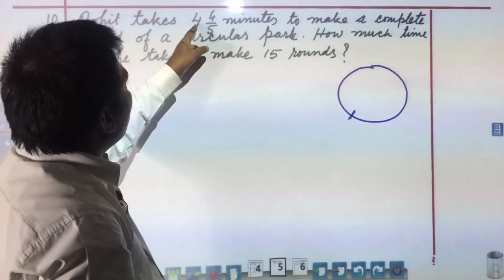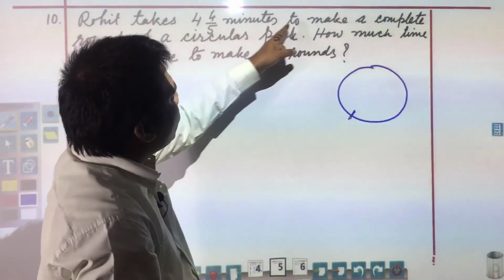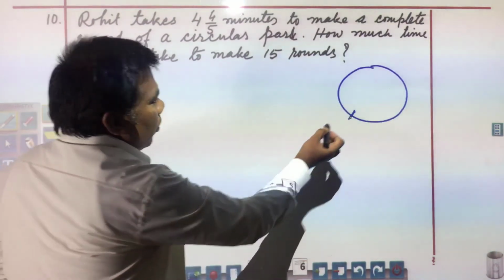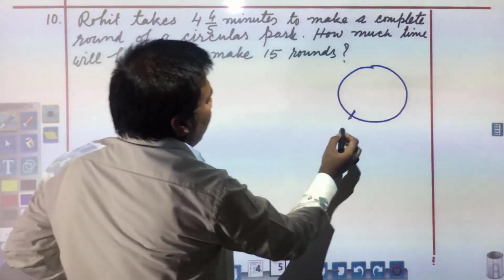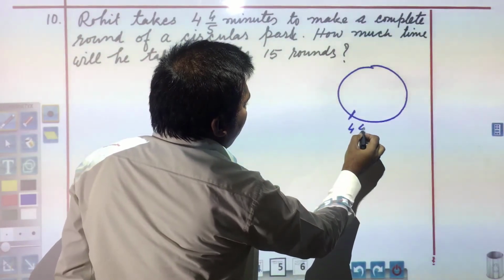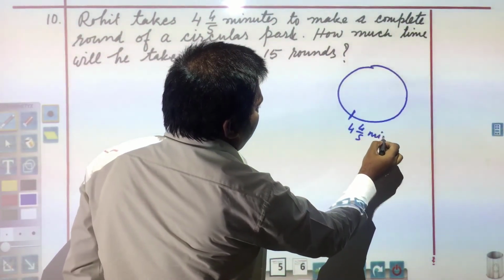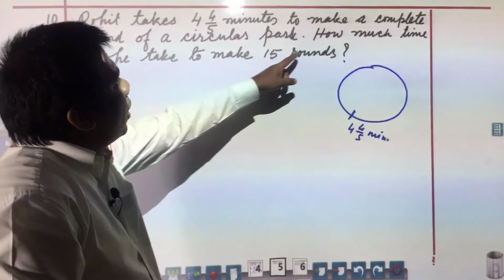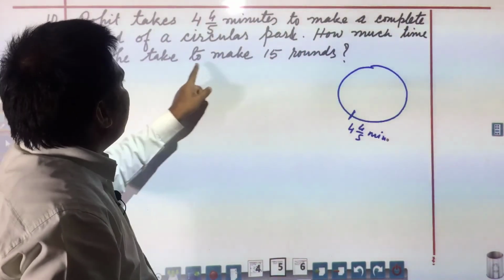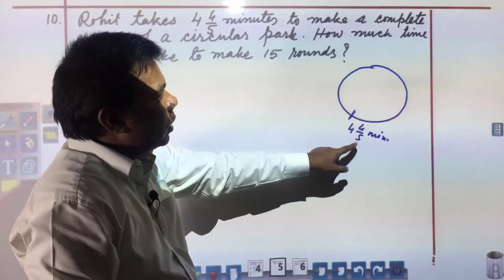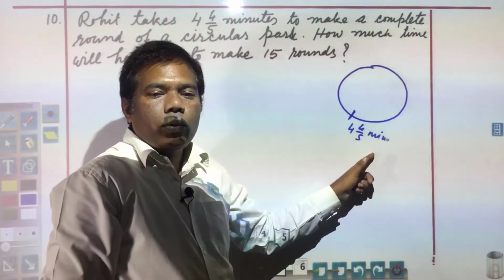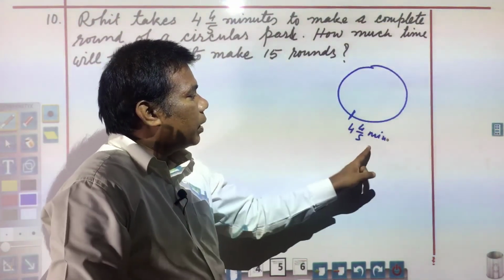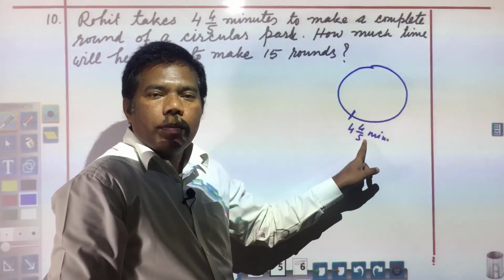Rohit takes 4 whole 4 by 5 minutes to make a complete round. For completing one whole round, he is taking 4 whole 4 by 5 minutes. How much time will he take to make 15 rounds? If he has to complete 15 rounds, this time is required to be multiplied by 15 and that will be your answer.